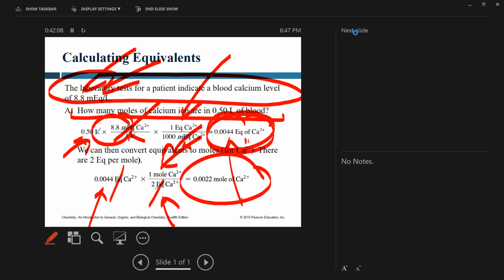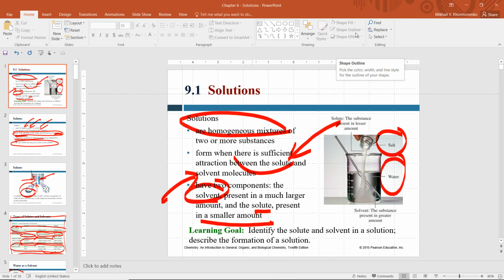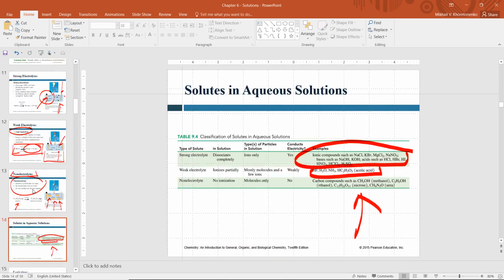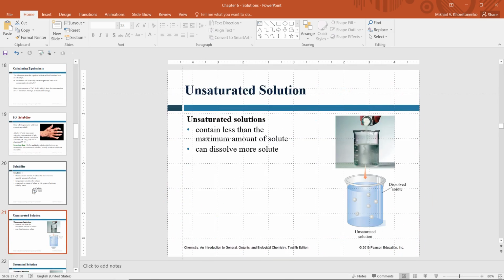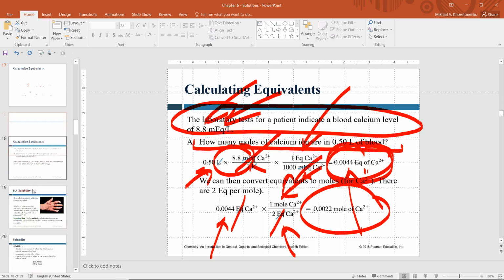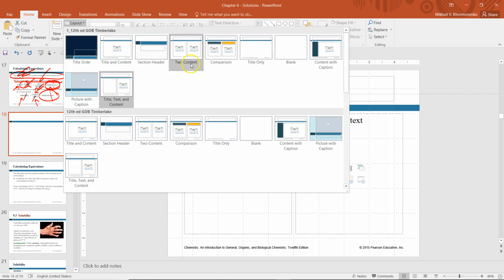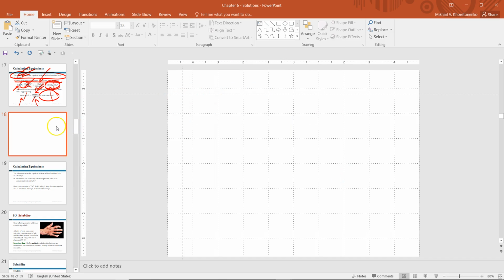I'm trying to insert the empty slide so we can write down something absolutely hypothetical. You can't see anything because of the features. Okay. All right.